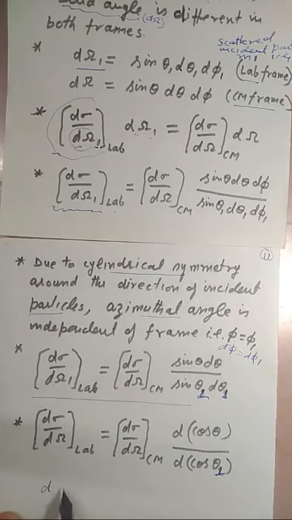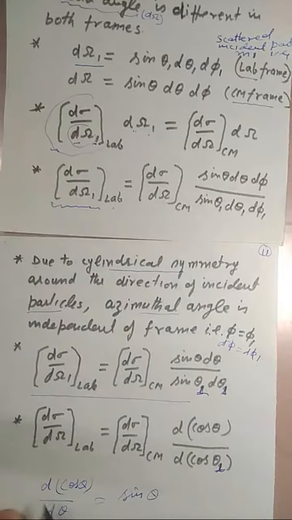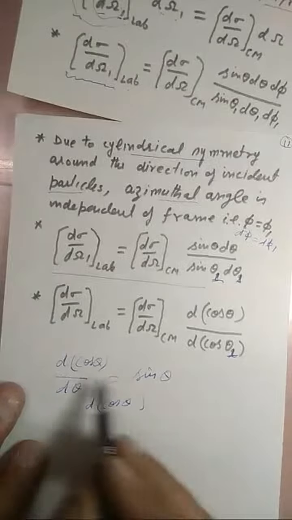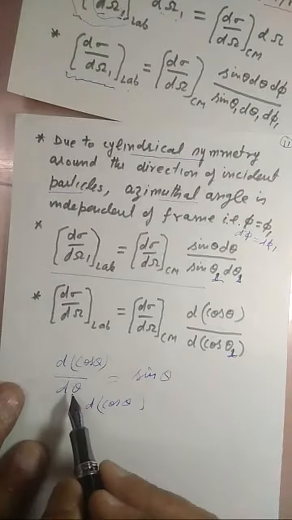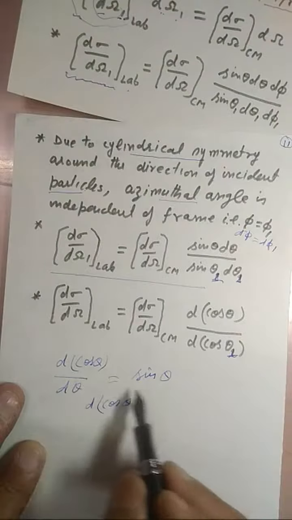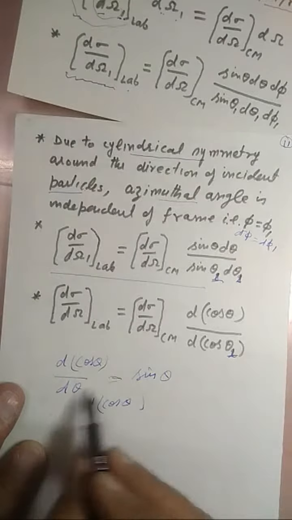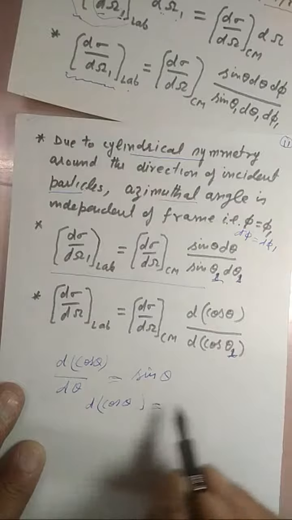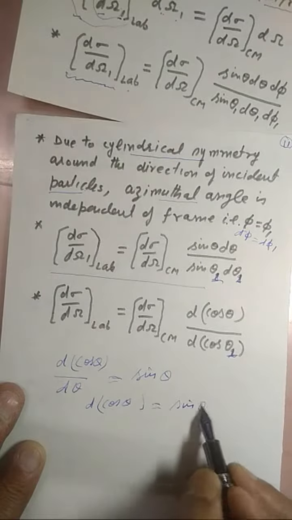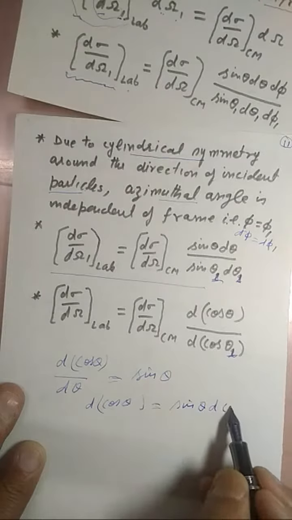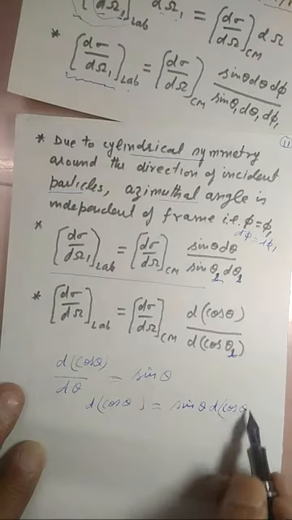Because I know if I take the derivative d cos θ by dθ, this is equal to sin θ. So I can rewrite this d cos θ, taking the derivative with respect to θ of cos θ, as sin θ dθ.